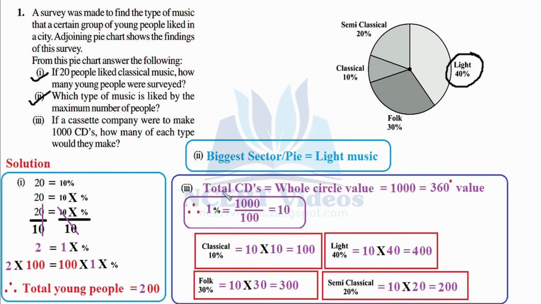So the third part can be written as total CDs equals whole circle value, because 1000 CDs will be sold to these four types of music tastes that people have. Since we are provided the sector information in terms of percentages, we should equate this 1000 to 100%. But for your information, we can write it as total CDs equal to whole circle value, which is equal to 1000.